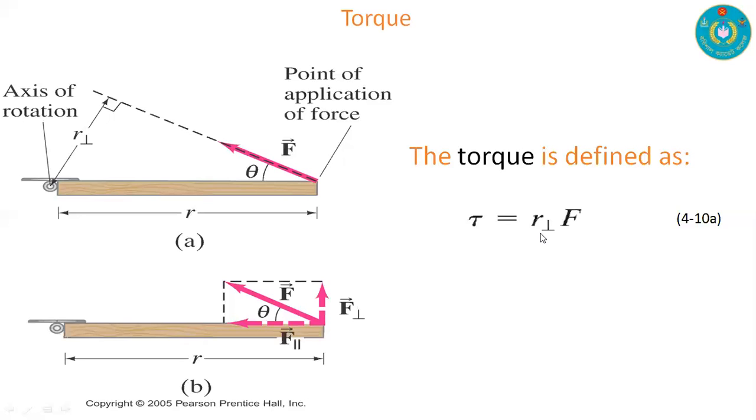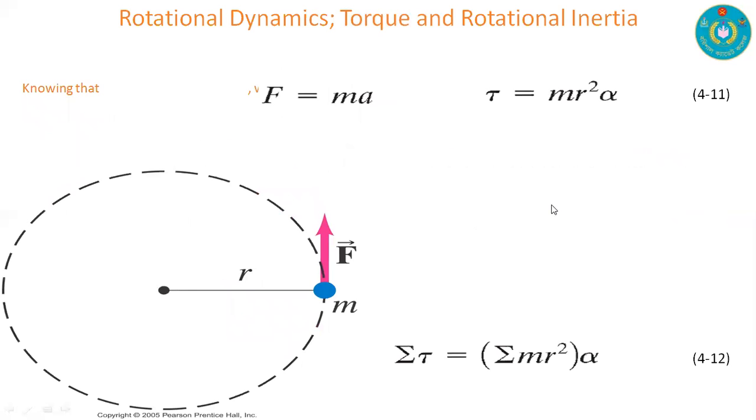That is, torque is proportional to the radial distance, and torque is proportional to the applied force F.